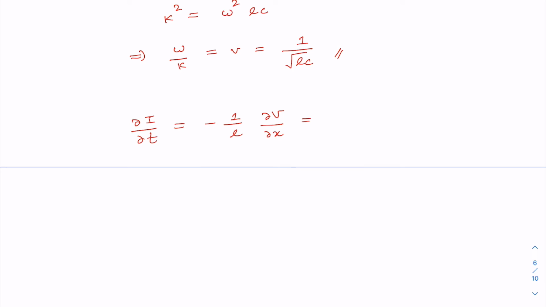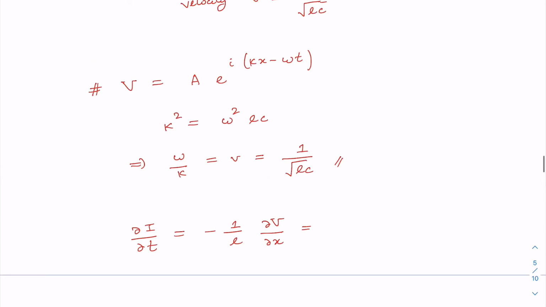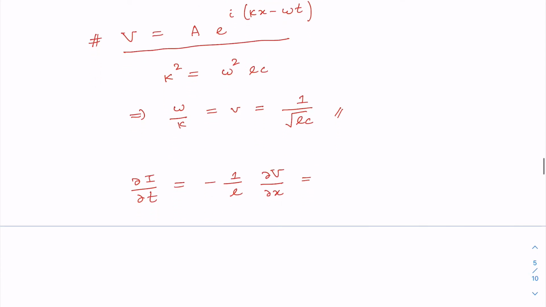Now I know the solution for the potential, V is equal to A e^(i(kx − ωt)). If I put it there, I will get minus 1 by L times ik A e^(i(kx − ωt)).